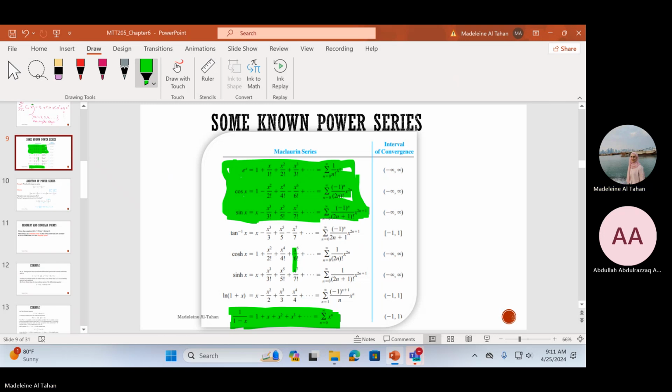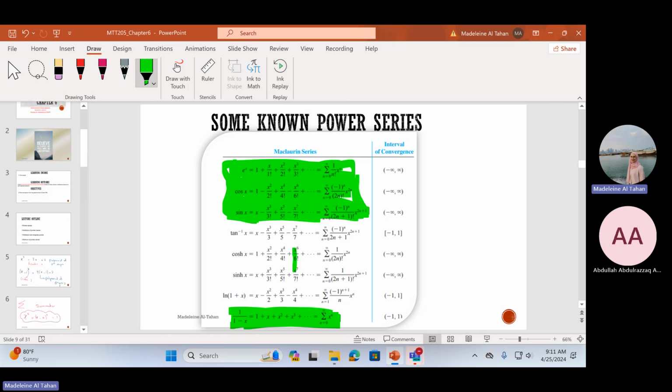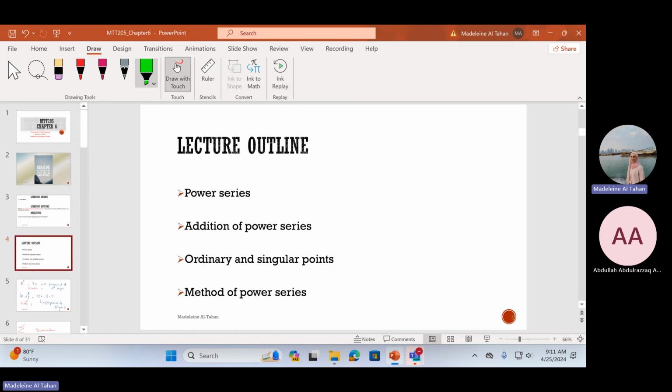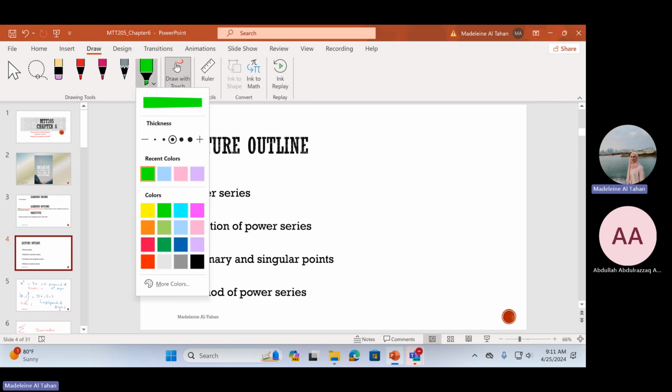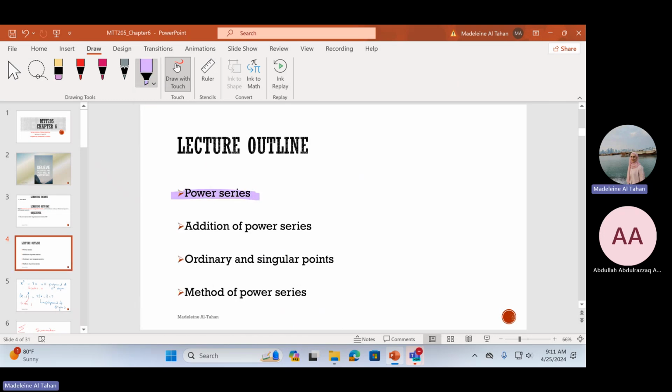Now, the thing that we need to learn now is how to add two series. So we recall what is meant by Taylor series. Now, our main objective is to discuss how we add two power series. Do we have any questions before we proceed?